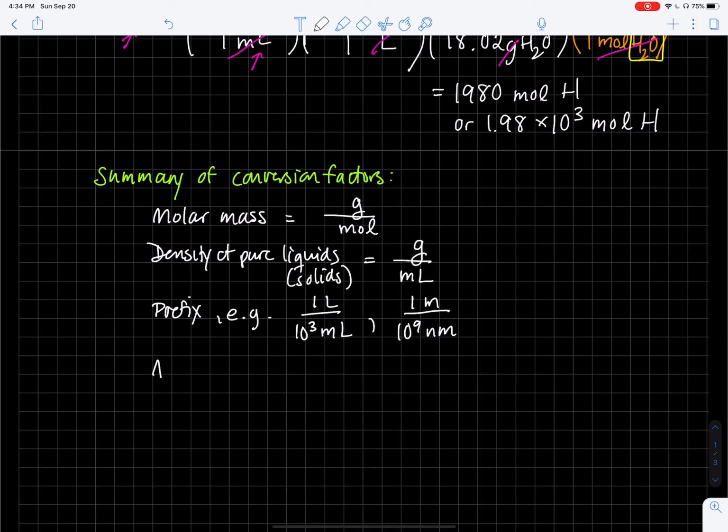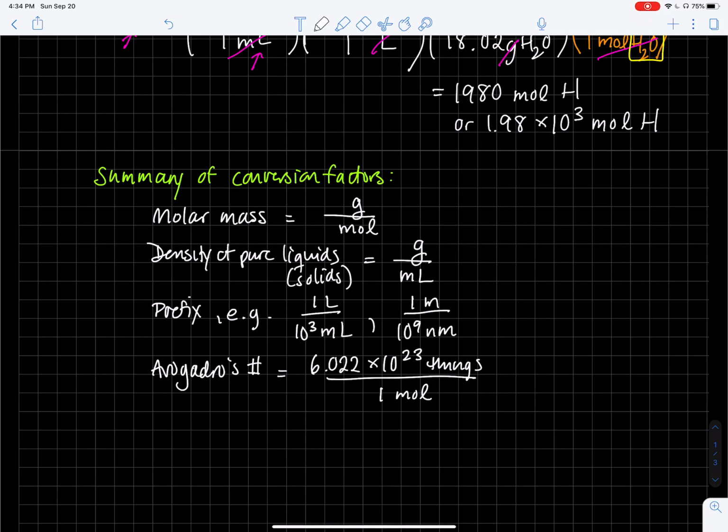We have used Avogadro's number. Avogadro's number is a conversion factor that gets you from mole to individual things. And it can be any individual thing. 6.02 times 10 to the 23rd things, I'll just write, in 1 mole of those things. Usually it's atoms or molecules or electrons or something very small because, in fact, there really aren't moles of big things. It's such a huge number.